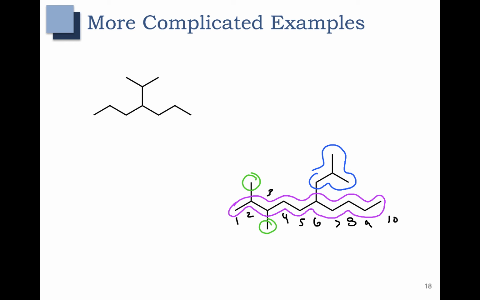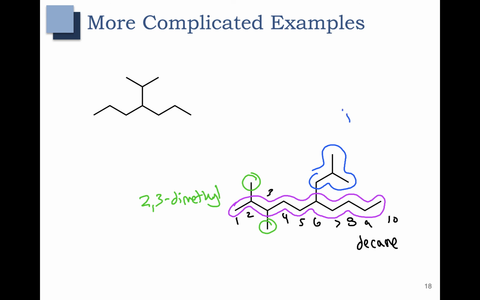We have 10 carbons, so that gives us a decane. We also have methyl groups at positions 2 and 3, so that becomes a 2,3-dimethyl. Our group over here in blue can be named using 2 possible methods.